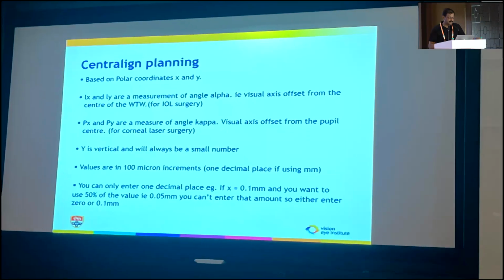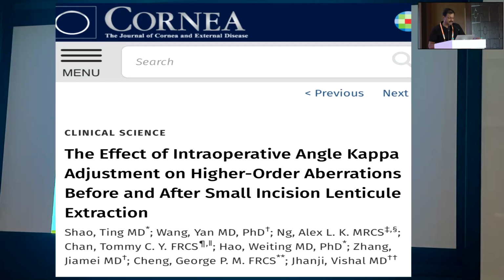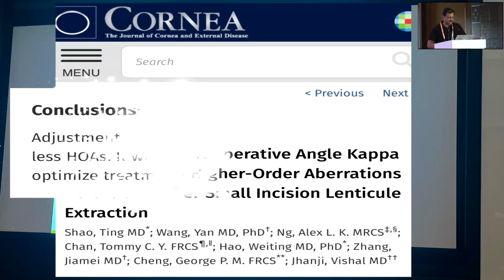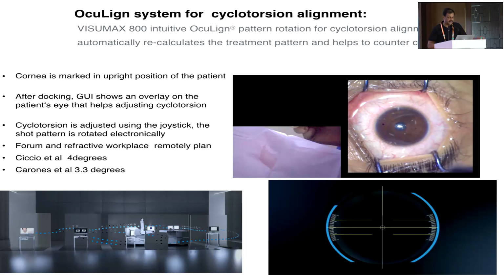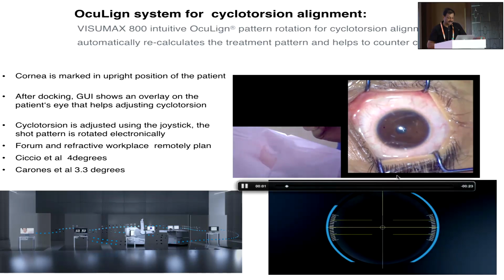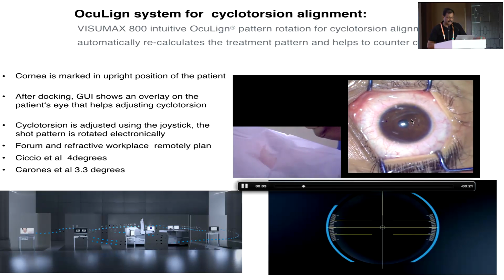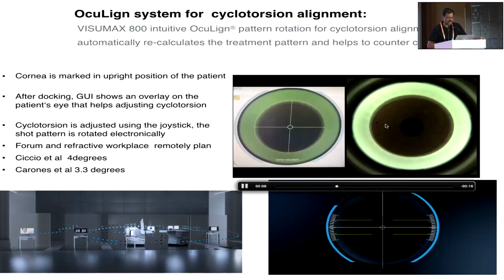And so we all know that the angle kappa adjustment actually helps in controlling the HOA, and adjustment of angle kappa during SMILE actually resulted in fewer HOAs, and this is the cyclotorsion alignment. The moment you do the suction, once the preoperative marking has been done, very shortly we'll have access to the AIOLMaster 700.